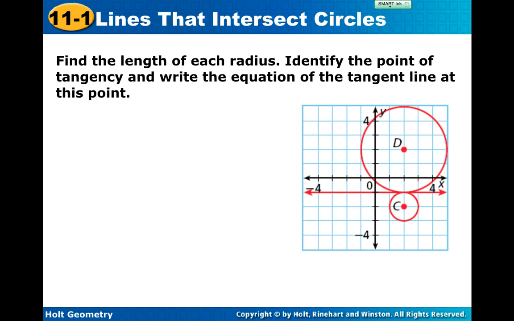So if you can think back, the red line is the line that is tangent to both circles. It touches each circle just once. Think back to the bell ringer. What's the equation of that line?